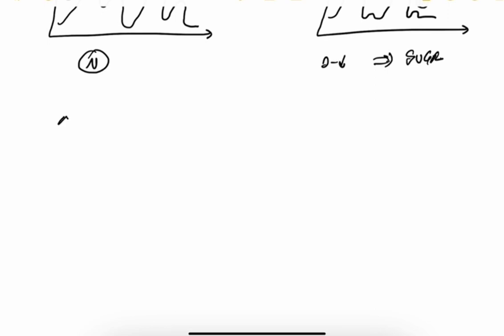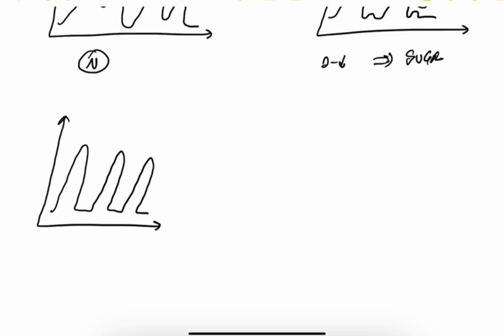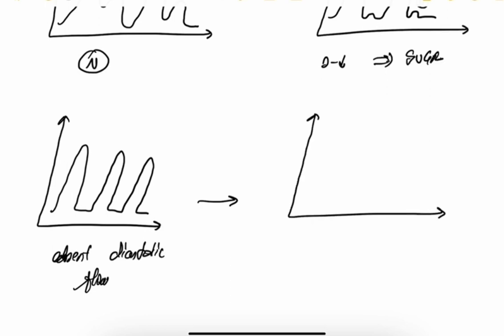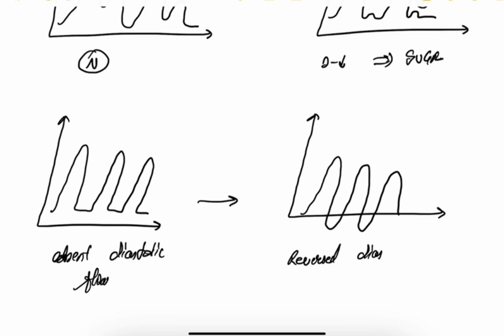Other changes appear later on. You will see absent diastolic flow, and then finally reverse diastolic flow.